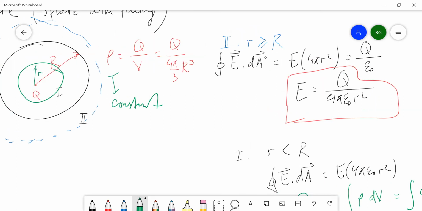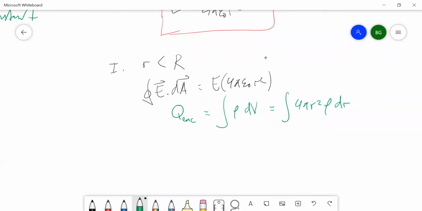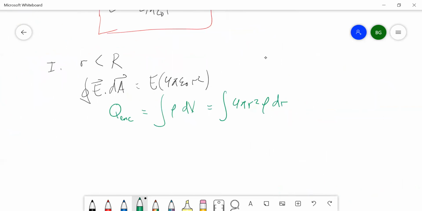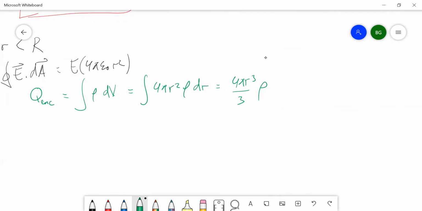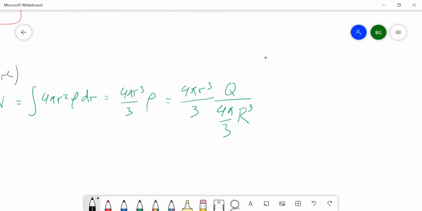So this is equal to 4 pi r cubed over 3 times rho, and rho is Q over 4 pi over 3 capital R cubed.